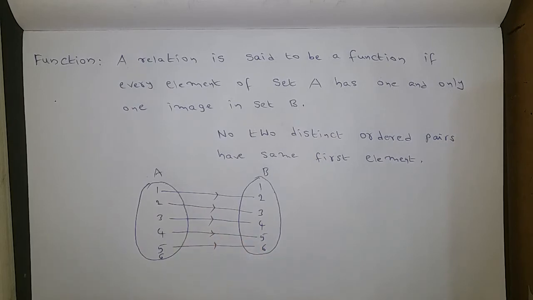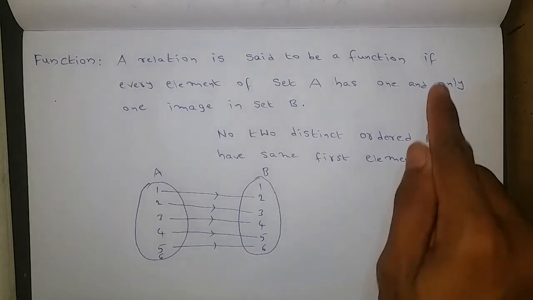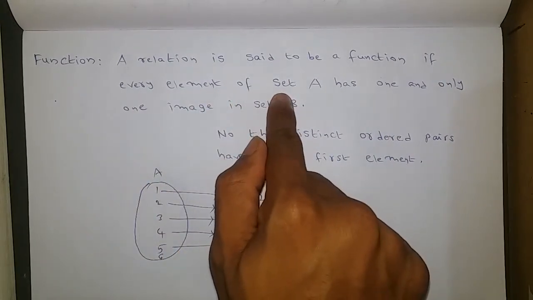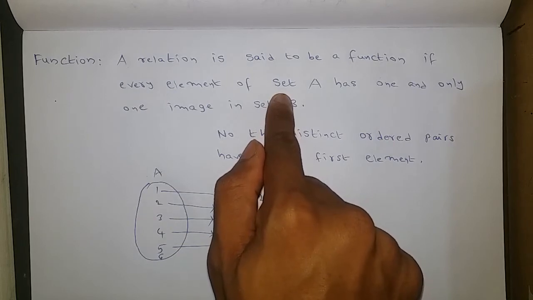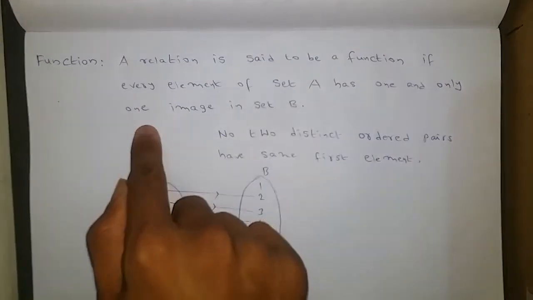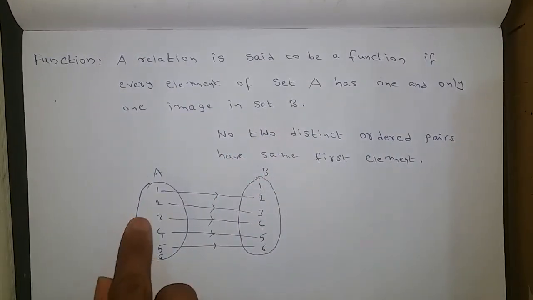Now let us check whether this is a function or not. What exactly is the function definition saying? Every element from set A should have one and only one image in set B.